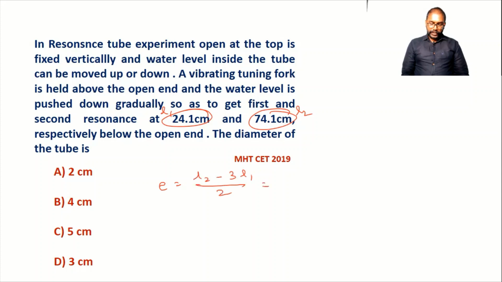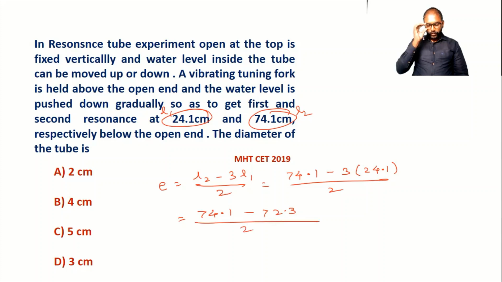So L2 is 74.1 minus 3 into this 24.1, divided by 2. So here 74.1 minus this one, 3 times 24.1 is 72.3, divided by 2.